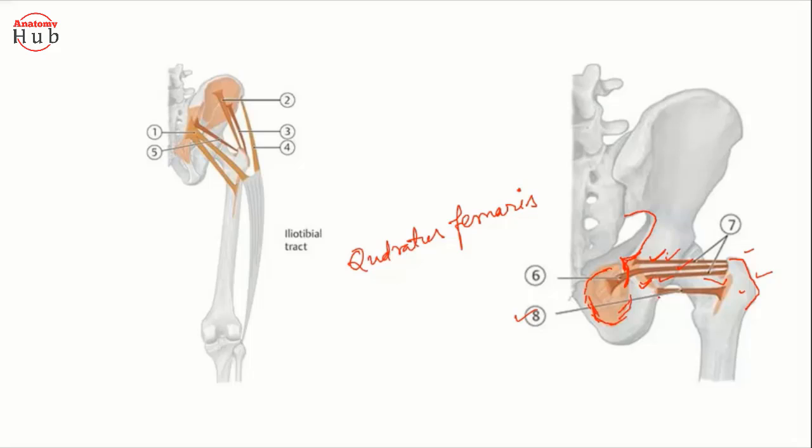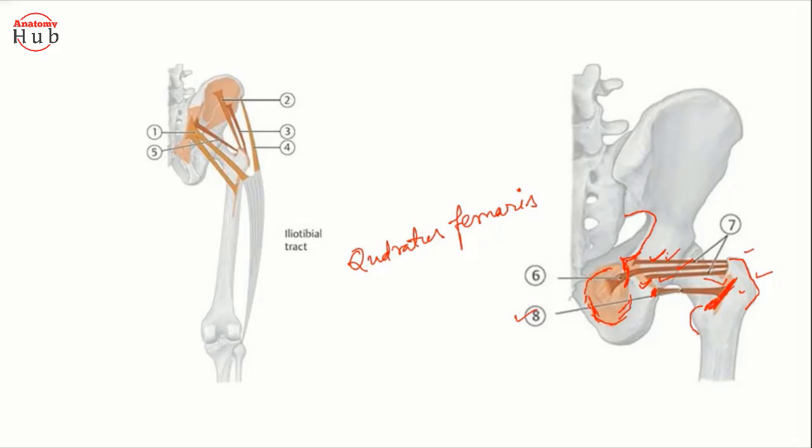And this actually takes origin, here you can see, from the lateral border of your ischial tuberosity, and it is going straight towards the intertrochanteric crest over here. Here you can see this whole is the intertrochanteric crest, because this is the lesser trochanter and this is the greater trochanter. In between that you'll find a crest.